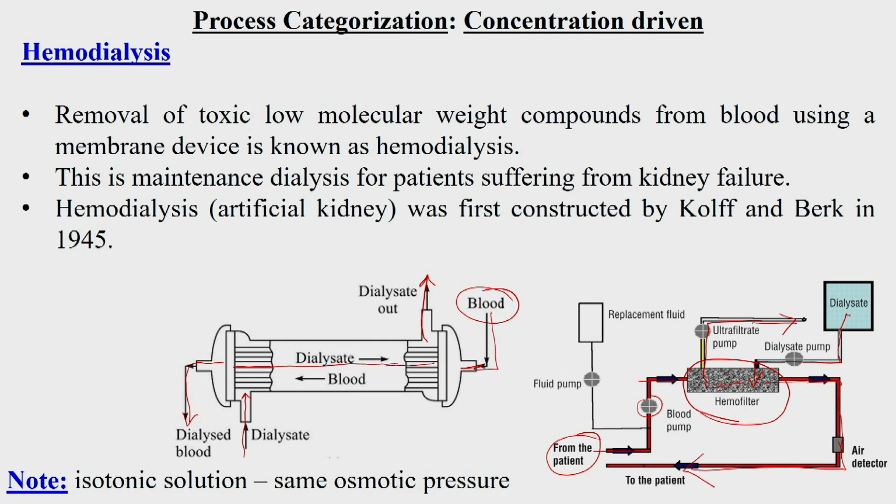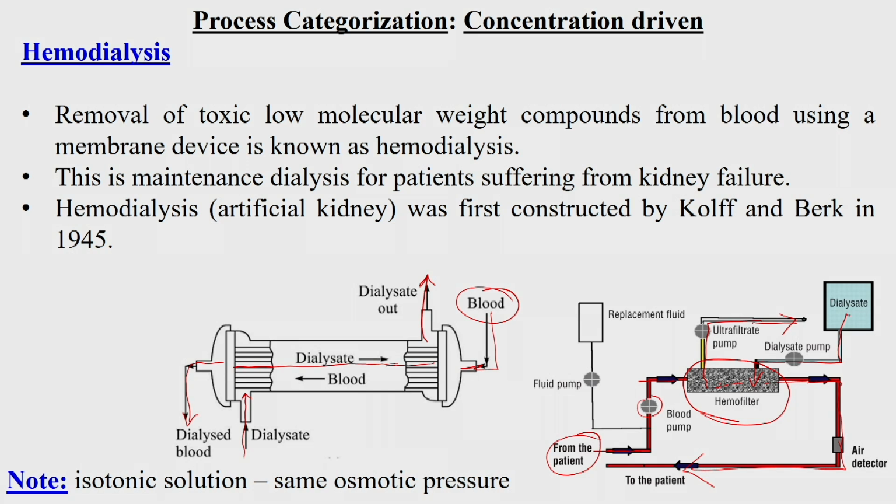This is maintenance dialysis for patients suffering from kidney failure, and hemodialysis as an artificial kidney was first constructed by Kolff and Berk in 1945. We need to remember that in hemodialysis, we need to make an isotonic solution, which has the same osmotic pressure as the blood.